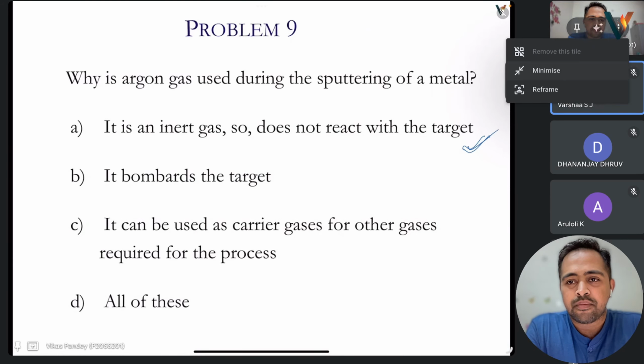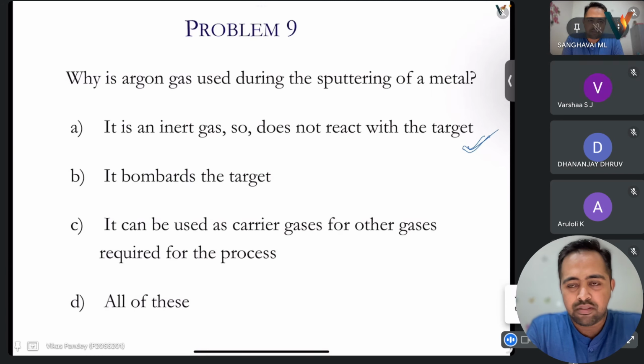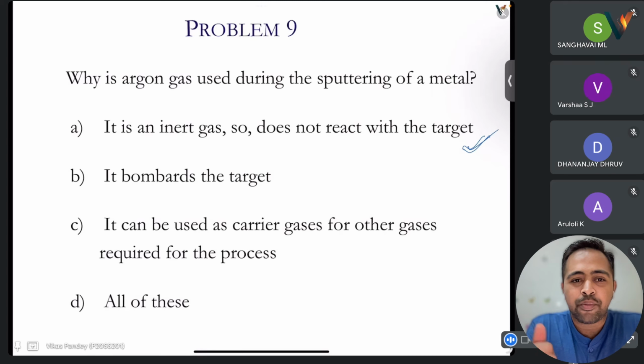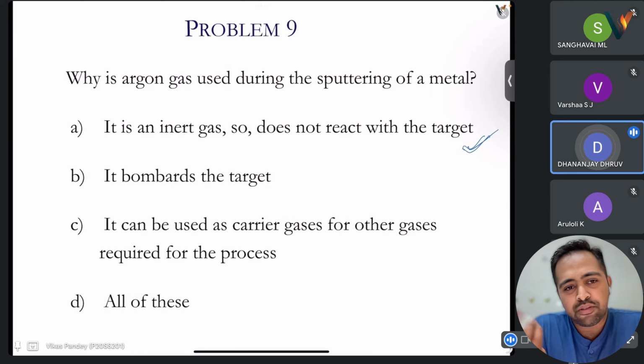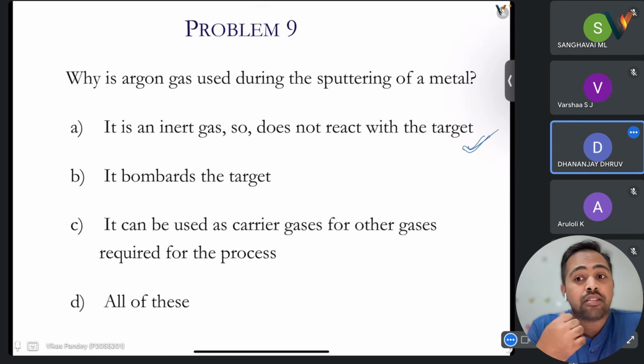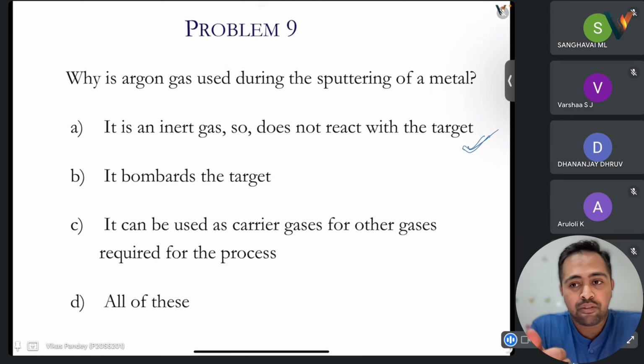I feel it's all of the above. All of the above. Very true. But why argon? Why can this not be done with something else? Carrier gas can be any other gas also. It can also be done due to its high atomic mass. Yes, very true.